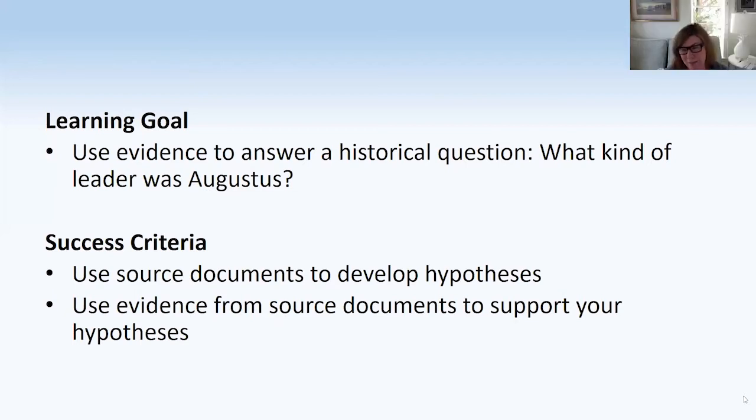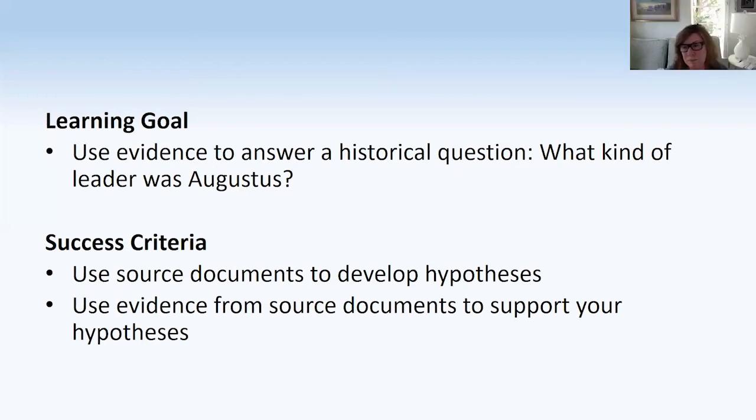The context here is ancient history, but when we're talking about our understanding of current events or opinions on issues today as citizens, that ability to take in new information and reevaluate our opinions or our hypotheses is really a skill that is vital to participation in our society today.